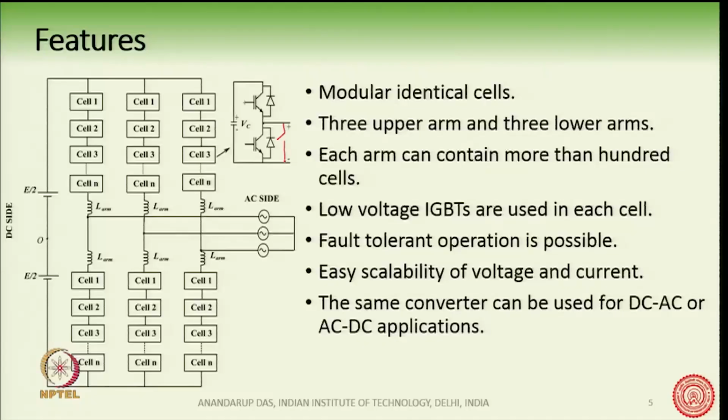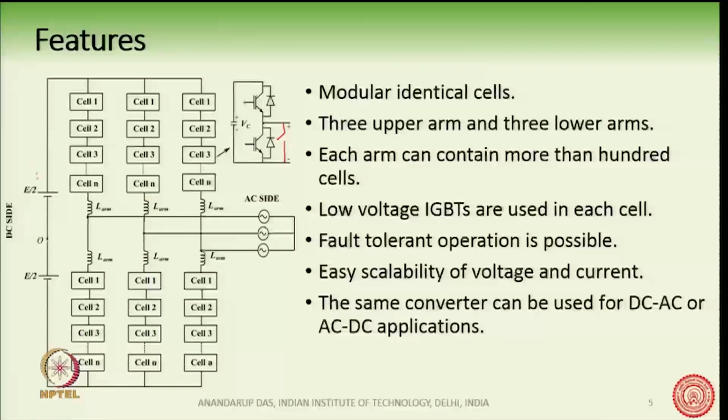An attractive feature of the MMC is that low voltage transistors or low voltage IGBTs can be used in each cell. As I said, if the DC side here is plus minus 400 kilovolt, then we may use many low voltage IGBTs inside these cells, for example 3.3 kilovolt or 2.5 kilovolt IGBTs.